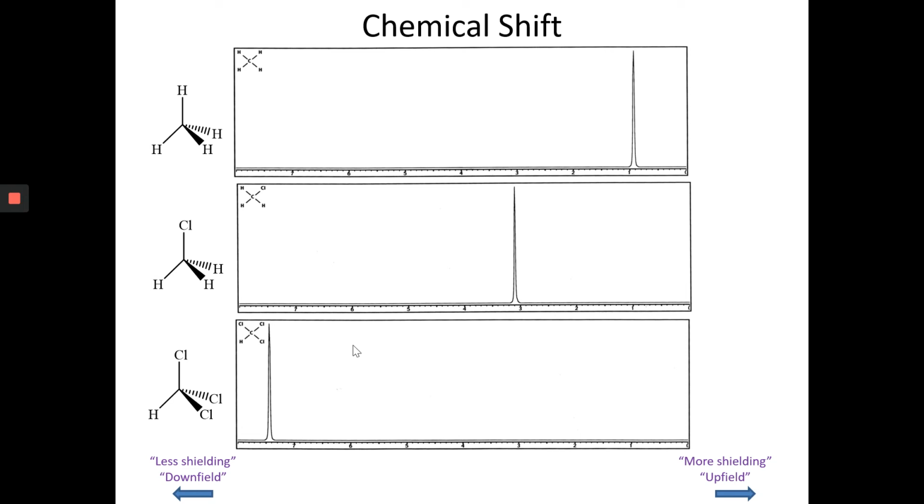And that tells you how far this sample is shifted away from TMS, right? So on your yellow sheet, it says 0.9 ppm. And if you look at methane, it appears somewhere around 0.9 to 1 or so. So that makes sense. Look at your sheet again and find chlorides.